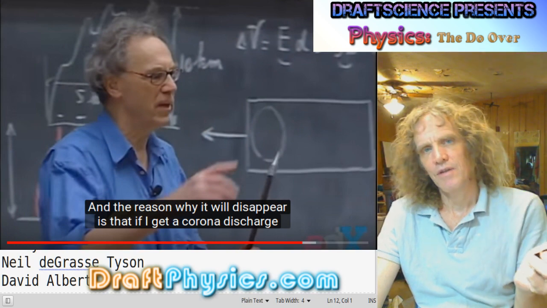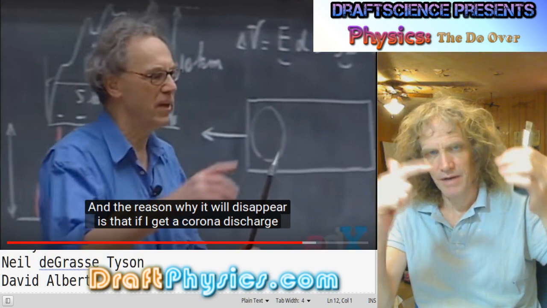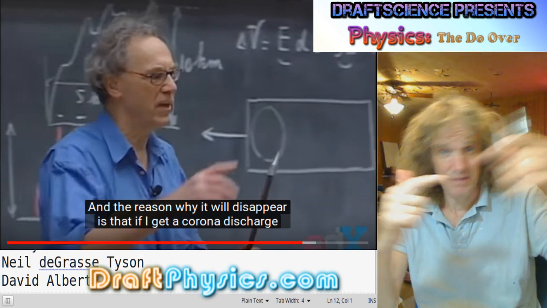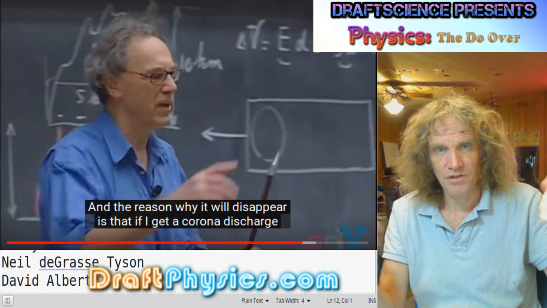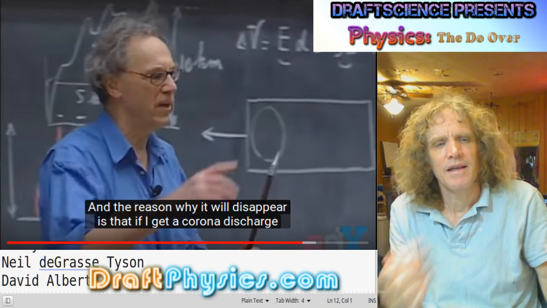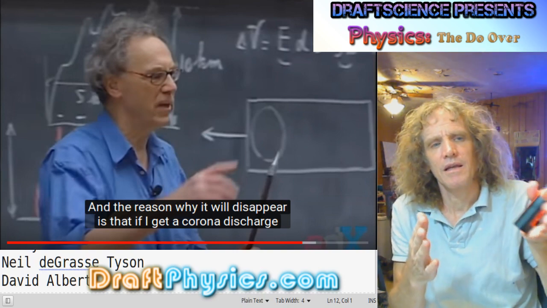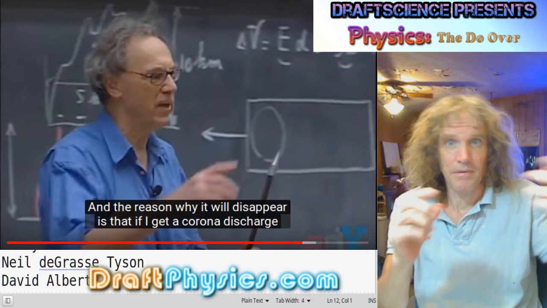Okay, so the cracking noise is being caused because there's surface irregularities that are creating little high voltage points where it's discharging through those, and you're hearing a little bit of a cheap lightning, a corona discharge inside the Van de Graaff. And so he's basically going to create an even more corona discharge.